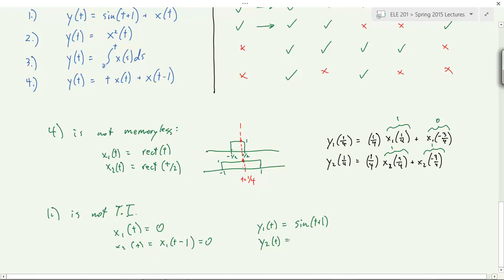It's also sine of t plus 1 because, remember, I'm just plugging x2 equals 0 into that equation. So obviously y2 of t does not equal y1 of t minus 1, because that would be sine of t.